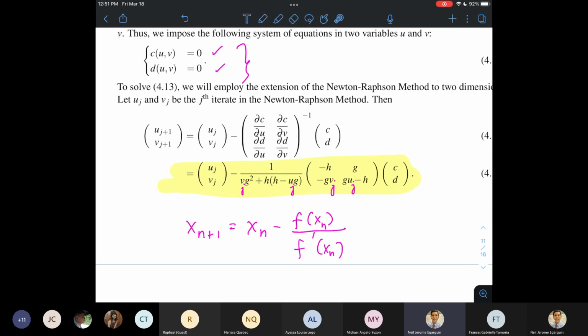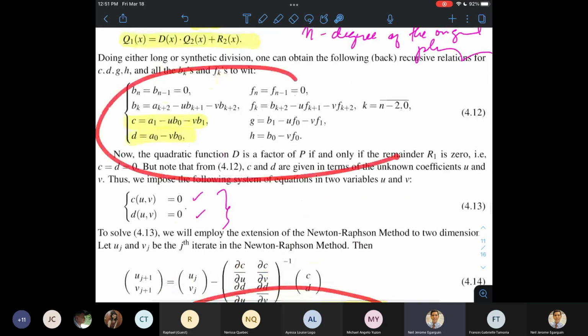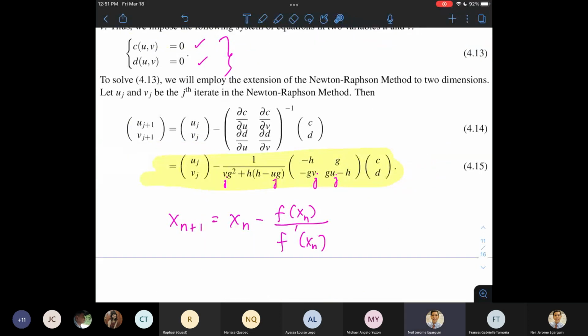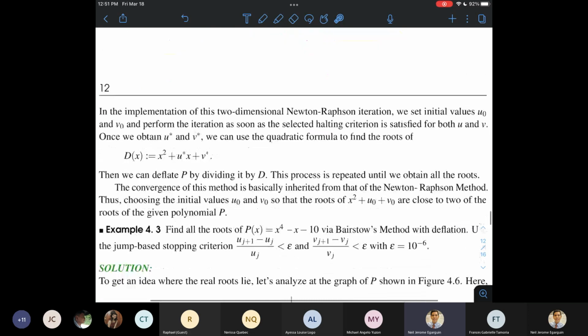Tapos lahat ng mga natitirang constants dito will be computed using the relation in example 4.12. Okay? So, kukunin niyo yan. Tapos, may makuha ka na U1 at saka V1. Okay? But you will need to check kung okay na ba yung U1 at saka si V1. Paano natin i-check kung okay na siya? Gamitin uli natin yung jump-based stopping criterion. Okay?